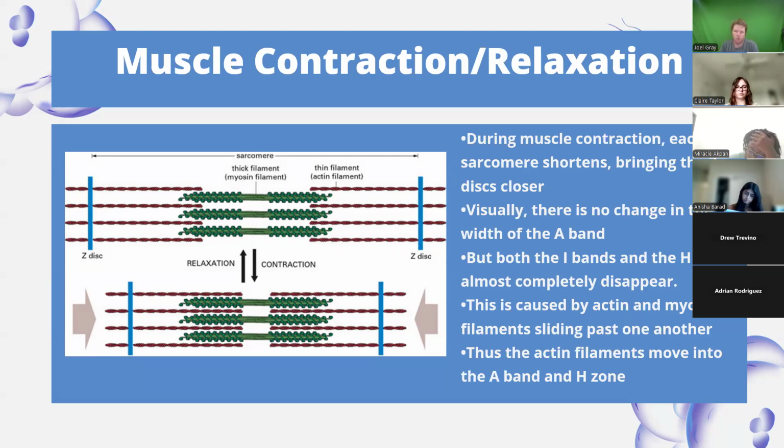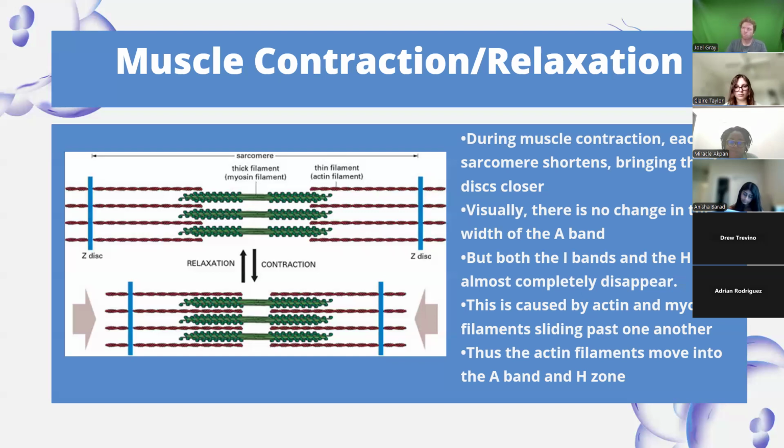Visually, there's no change in the width of the A band, but both the I bands and the H zone completely disappear whenever it's completely contracted. This is caused by actin and myosin, and thus the actin filaments move into the A band and H zone, and that's how they basically disappear.